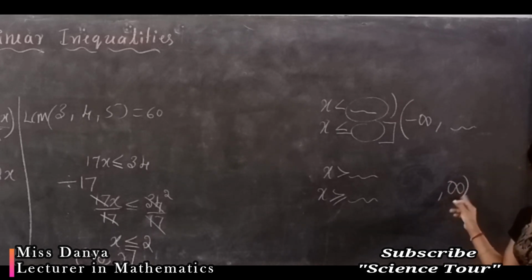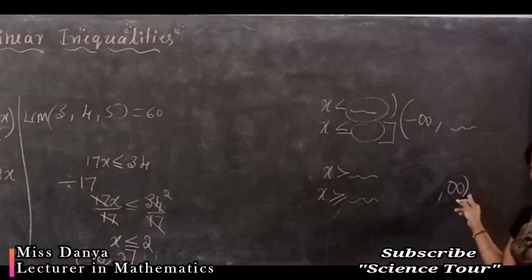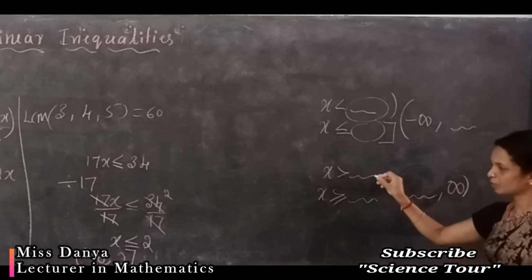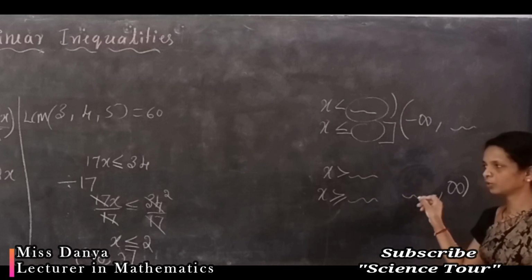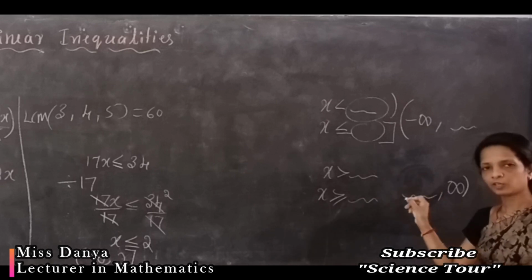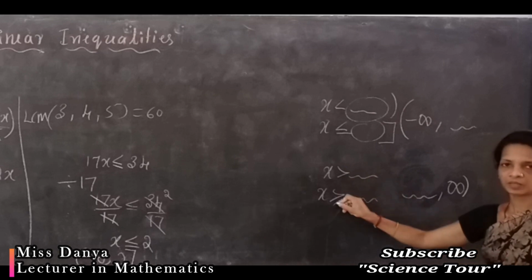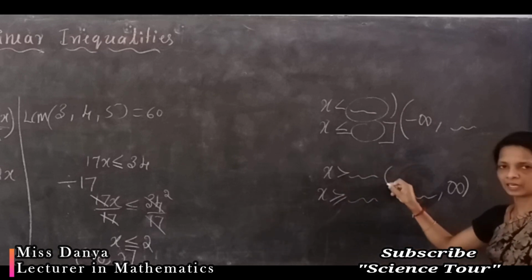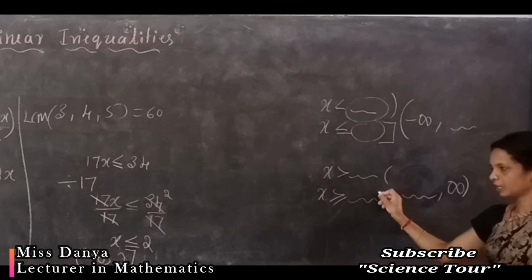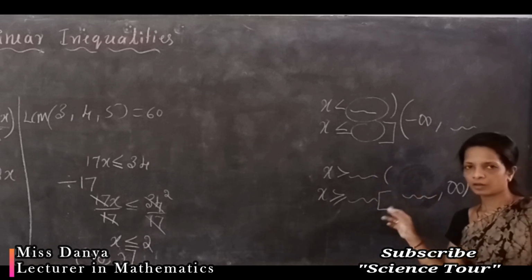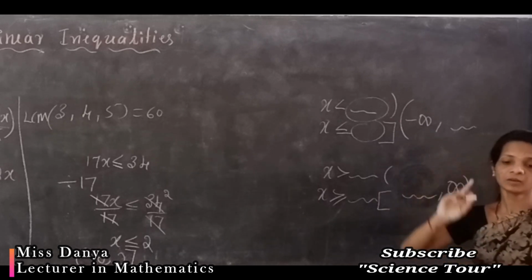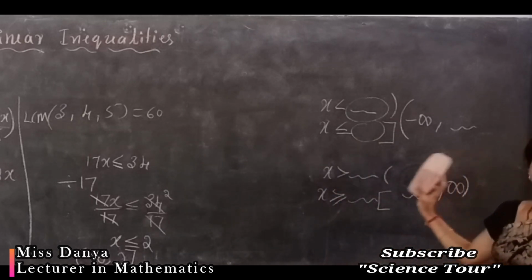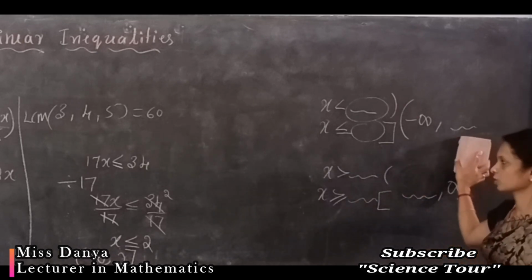On the infinity side you have to use an open, round bracket, and the number you got here, that number you have to write. Which bracket you use depends on the inequality symbol. If a strict inequality is there, then the round bracket you have to use. If a slack inequality symbol is there, you have to use a closed bracket. These are side points you have to keep in mind, or you can write that as a rough step in your notes.